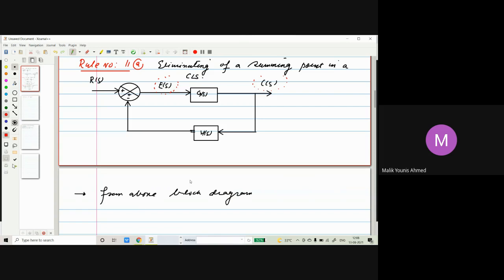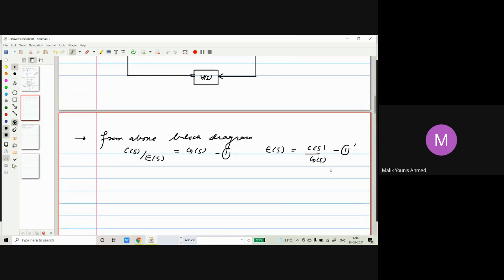So we know up to here, output is this, input is this. So we can write C of S divided by E of S is equal to transfer function G of S. Let's call this equation number one. Also from this, we can get E of S, and we can also obtain C of S by G of S. Let's call it 1 dash because we are obtaining the same equation from here.